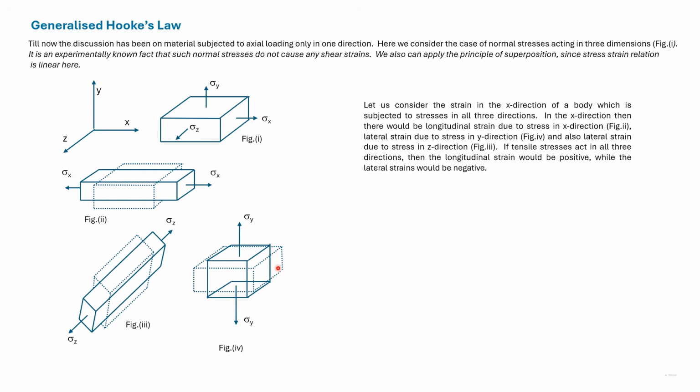Strain in the x direction for this case would be nu into epsilon y. These two cases, the strain in x directions are contraction. So the total strain in the x direction will be given as epsilon x minus nu epsilon z minus nu epsilon y.